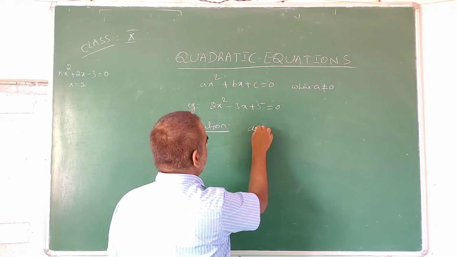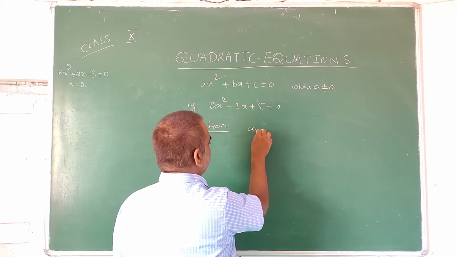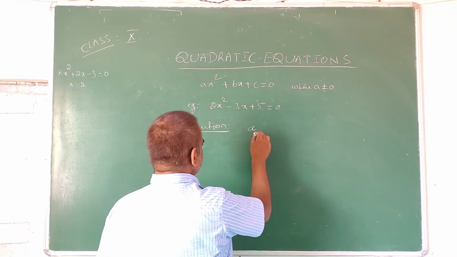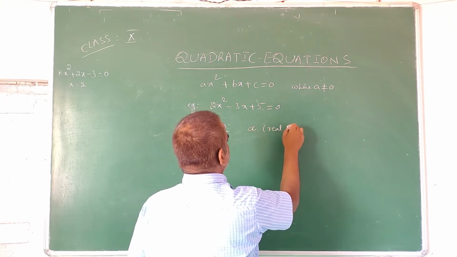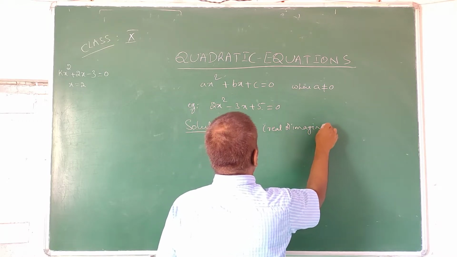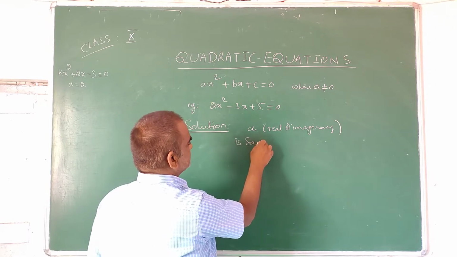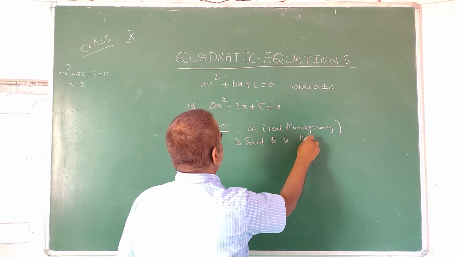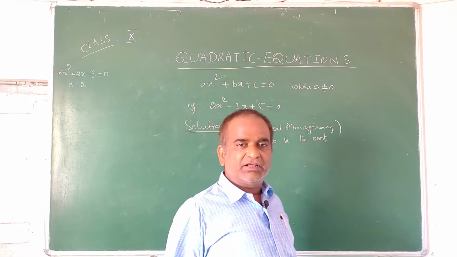Alpha, the value may be real or imaginary, a real number or an imaginary number. So alpha is said to be the root of the quadratic equation. Solution is said to be root.